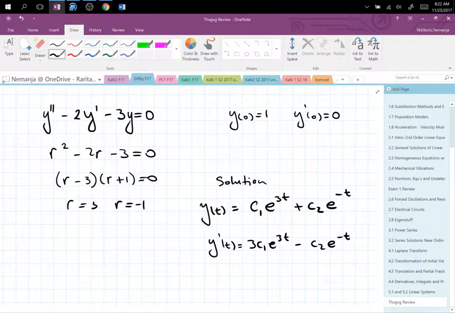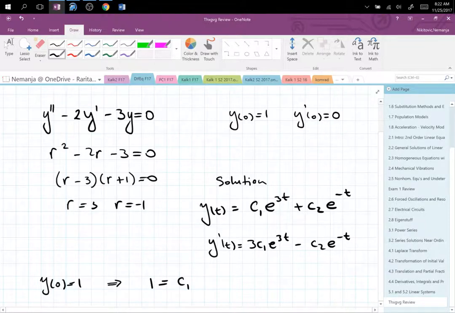So when I plug in the first initial condition, y of 0 equals 1, it gives me 1 equals c1 plus c2.